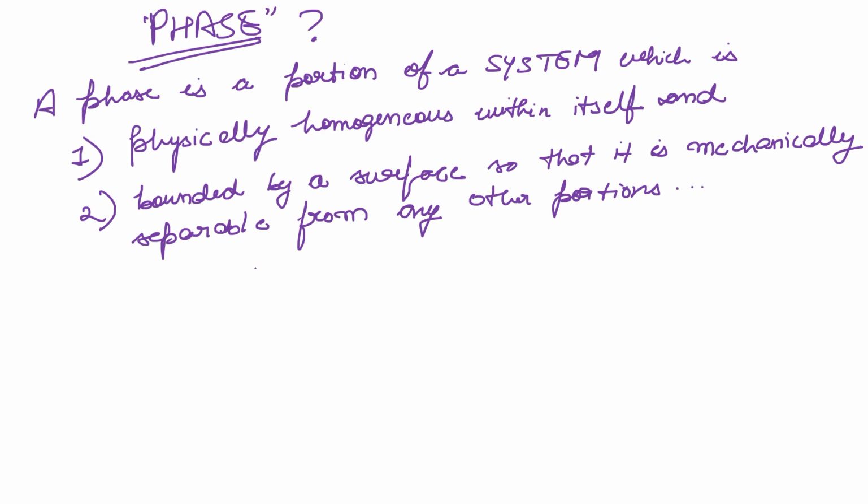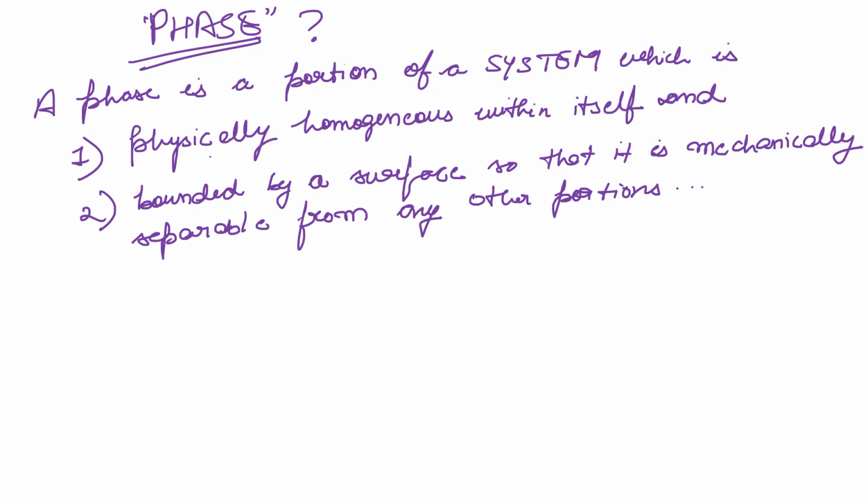Okay, so when I say physically homogeneous, that means it will have physical properties which are the same throughout the entire phase itself. And if we go from one phase to another, we'll be crossing and seeing certain differences in the physical properties.